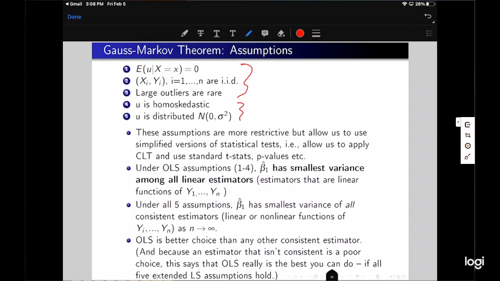So if it's a consistent estimator, if as n goes to infinity we get closer and closer to the true population value of beta 1, then OLS has the smallest variance if all 5 of these assumptions hold. In other words, OLS is a better choice than any other consistent estimator, and because an estimator that isn't consistent is a poorer choice, this says that OLS really is the best you can do if all 5 extended least squares assumptions hold.